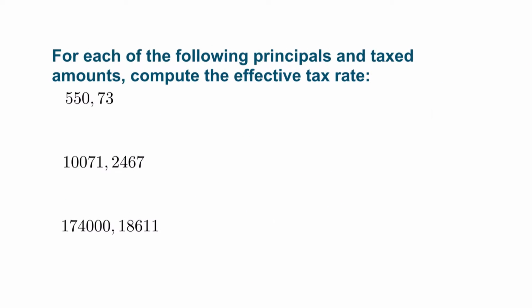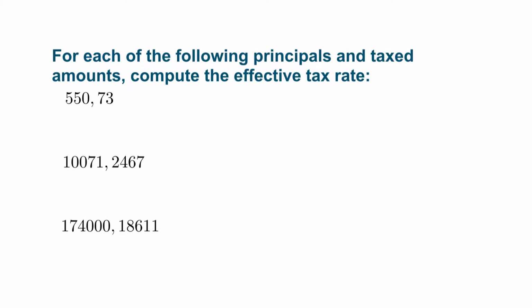Let's look at a few basic examples. Here we have three different pairs of principal and taxed amount, and we're just going to compute the effective rate. All we have to do here is a very simple division. You should always be thinking rate is a division. For the first one, our principal amount is $550, and our taxed amount is $73.